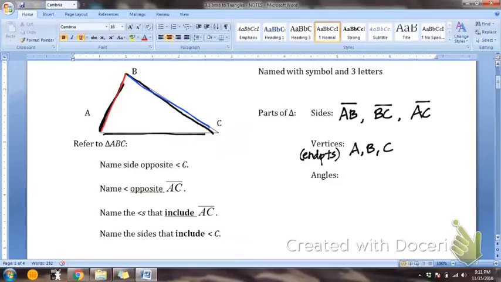The angles that we see represented here: we have angle A as one of our first angles, so we're going to name it angle A. The next angle we can see is angle B, we'll name that angle B. And then finally we have angle C. I know that when we were naming angles, I said typically I didn't want you to use just one letter, but there is only one angle coming from each vertex. So it is appropriate and okay to use just one letter in this situation.